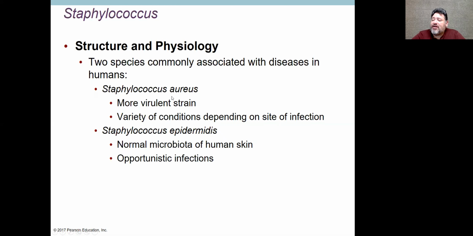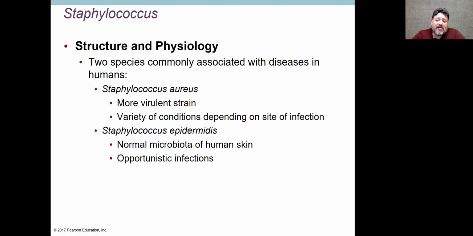Again, Staphylococcus aureus, if you guys remember the specific epithet, aureus means gold, and that's because when this guy grows on media, it turns a yellow or gold-like color. Epidermidis means that it lives above the skin. Okay, very easy. Both of these are part of our normal microbiota.